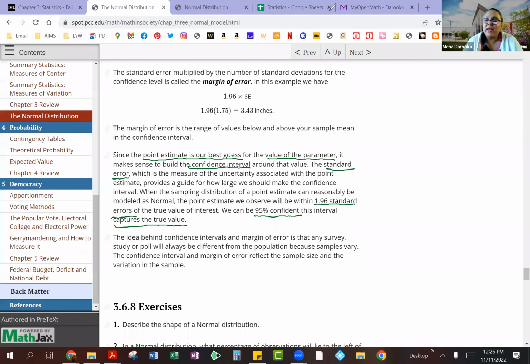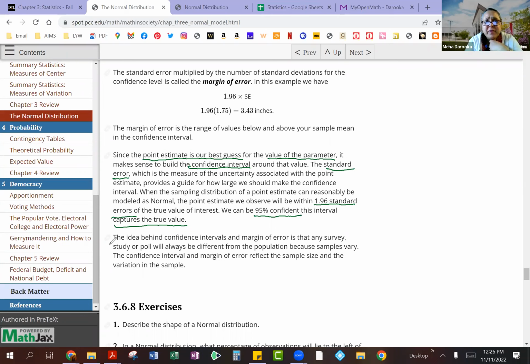So we're not going all the way to 99 or 100%, but we're saying, yes, there's room for error, because this can always happen with statistics. But even then, we can be 95% sure that within these numbers, you will find your true value. And that's what you are doing with these confidence intervals.